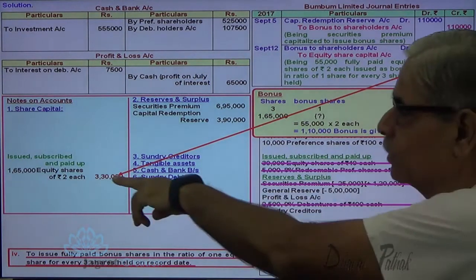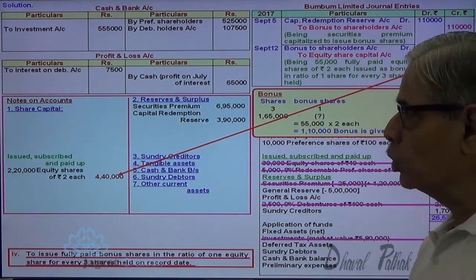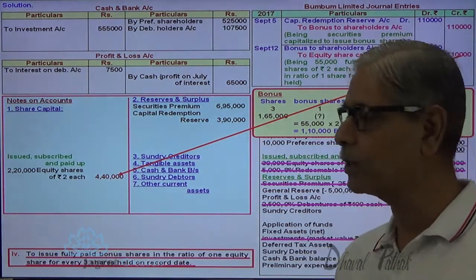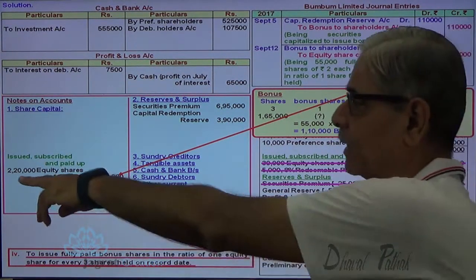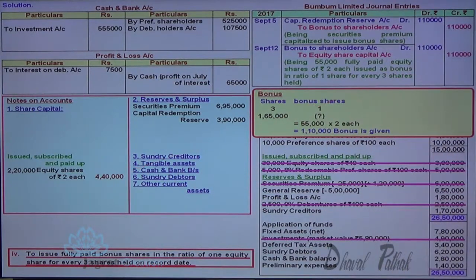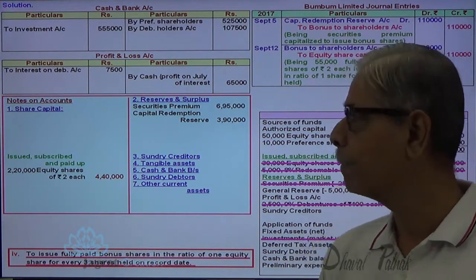Now bonus is given, so 3,30,000 capital will become 4,40,000. So number of shares will become 2,20,000 shares of rupees 2 each. So this is how this bonus entry is being recorded.